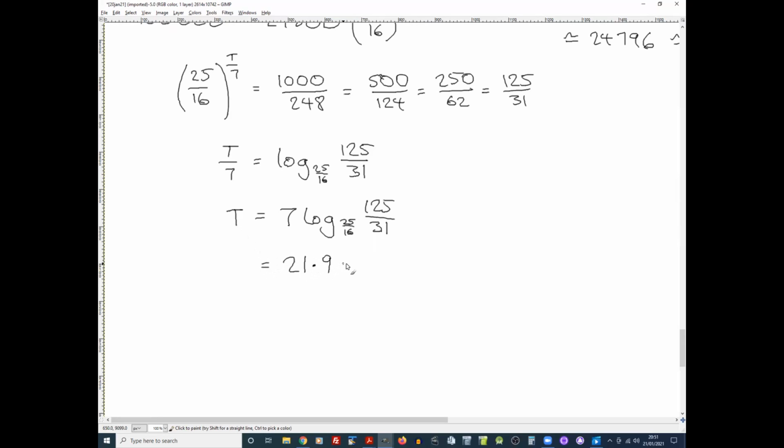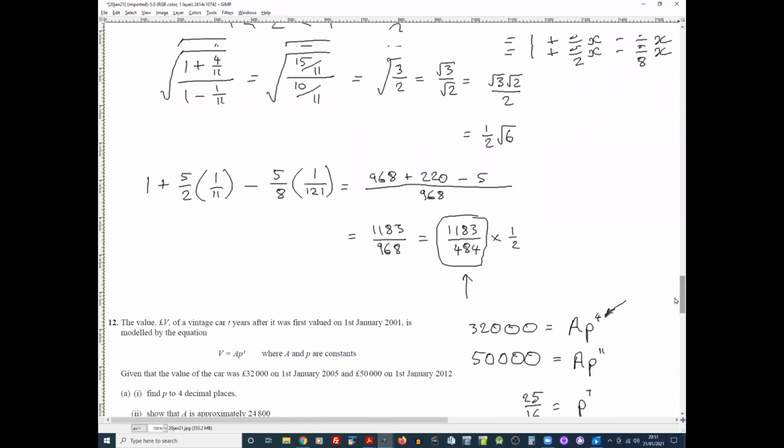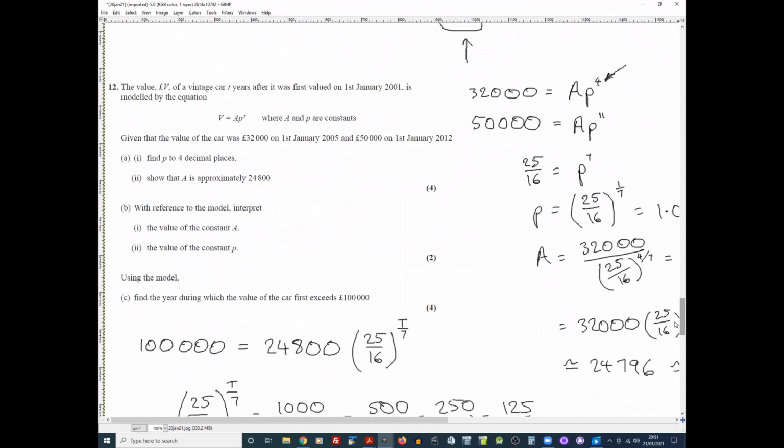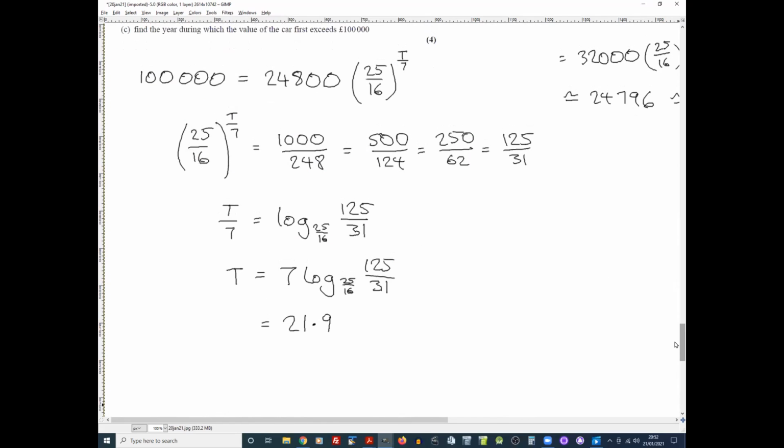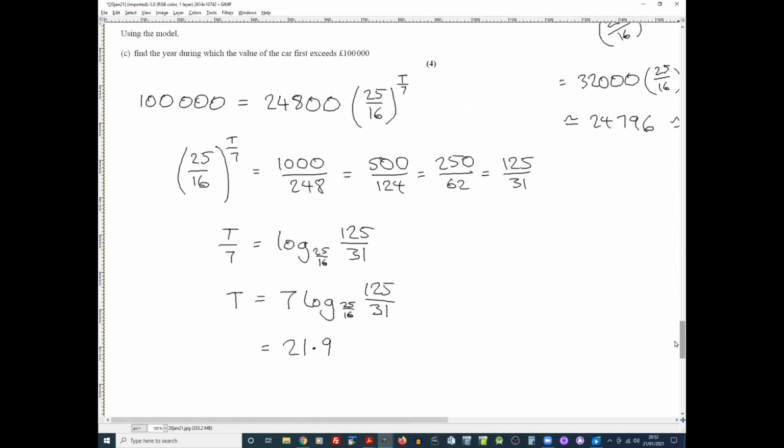Oh no, but it's the year, isn't it? This is the year that it first exceeds. So would that be 21 years then? It was 1st of Jan 2001. So here's where we can be careful. Perhaps we ought to have used the inequality sign, but as long as you're careful and think about more or less.